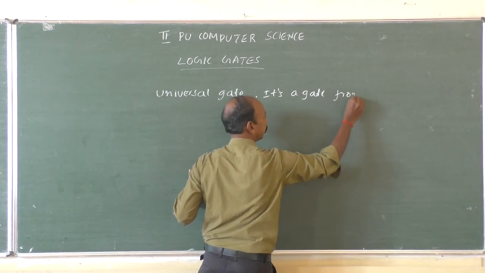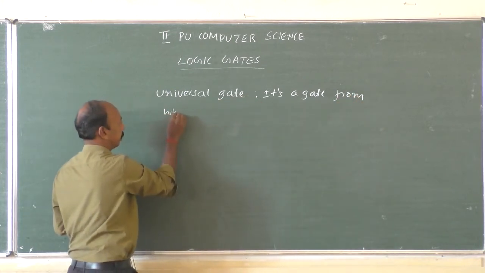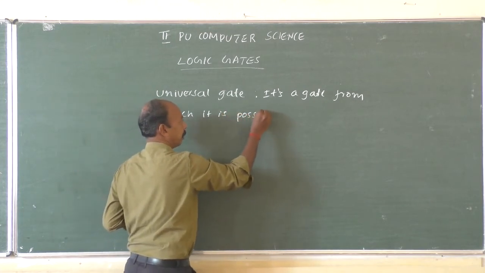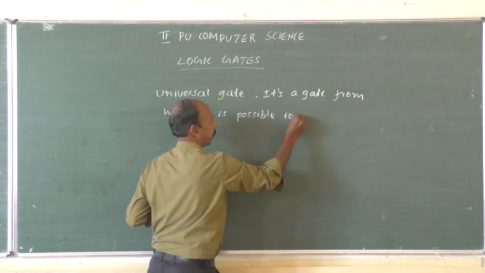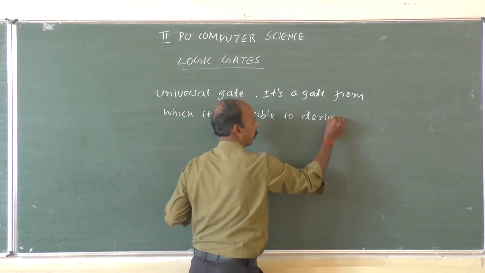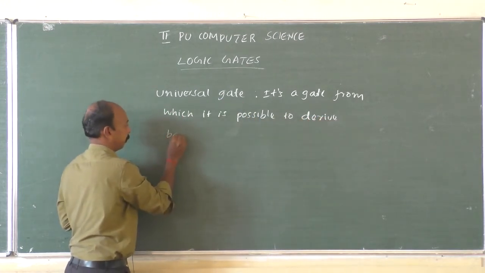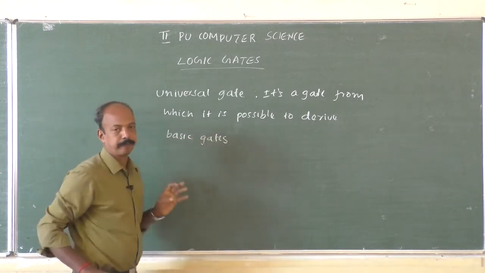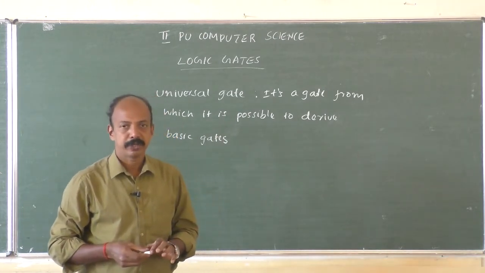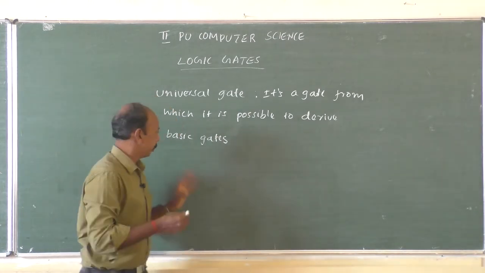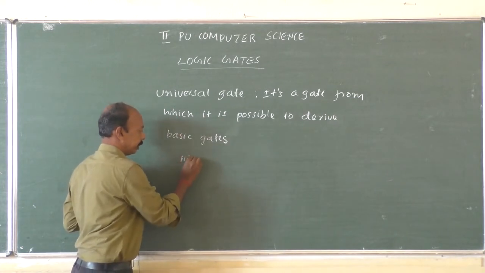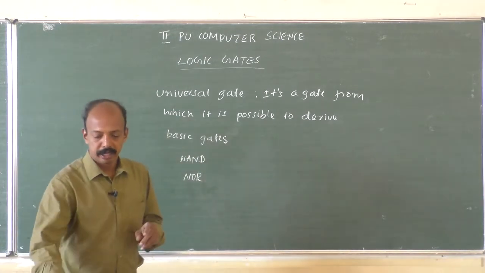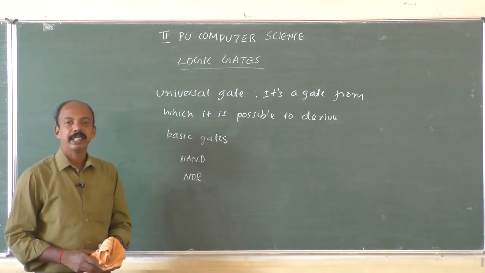Important definition, it has been asked for the exam many times. Which are the universal gates? Again, a 2 mark question. NAND and NOR are the universal gates. Now we shall take the NAND gate and we shall derive the basic gates.